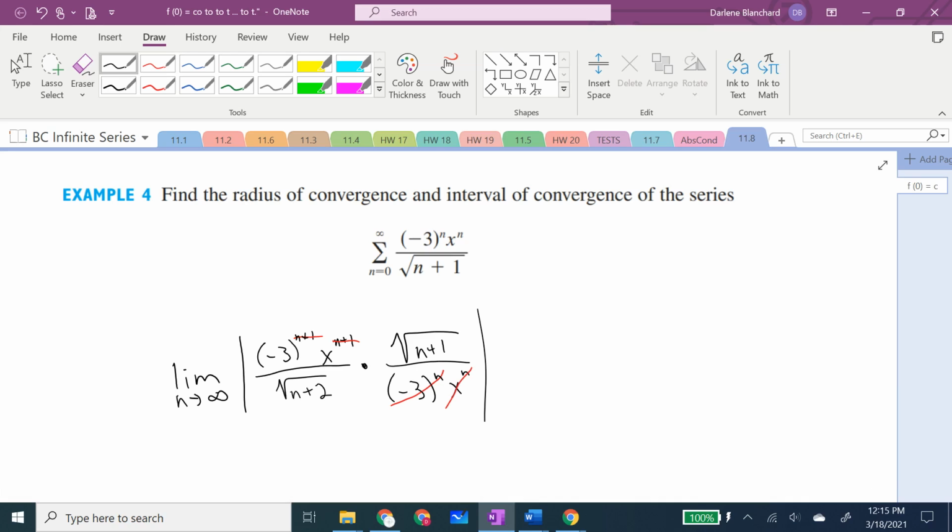I'm going to rewrite what's here to make sure to be clear on what we're seeing. Do I need to write that negative sign? I don't have to write it because I'm absolute valuing. You can feel free to not write an extra multiplication by negative when you've got absolute value bars.